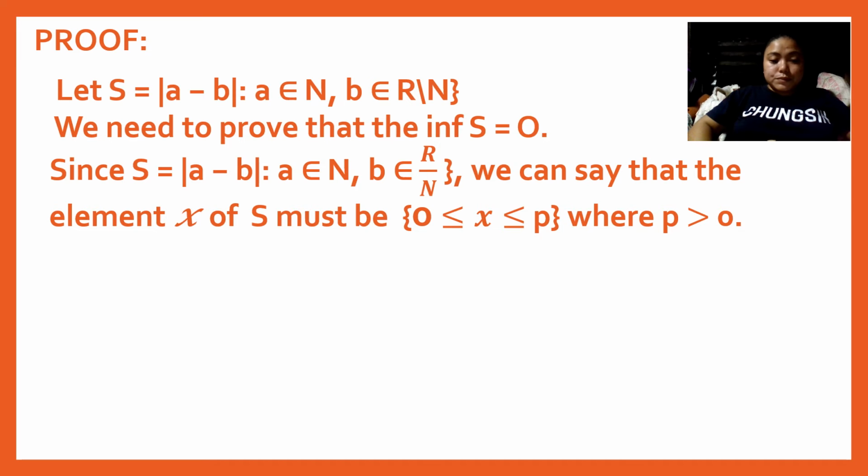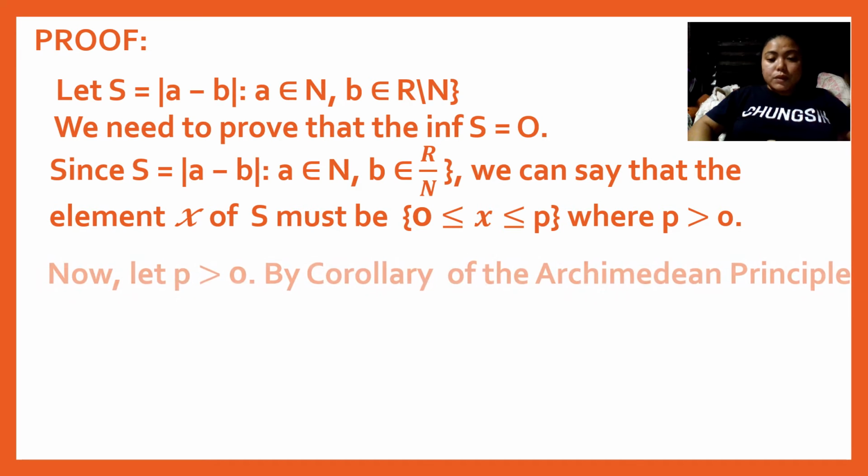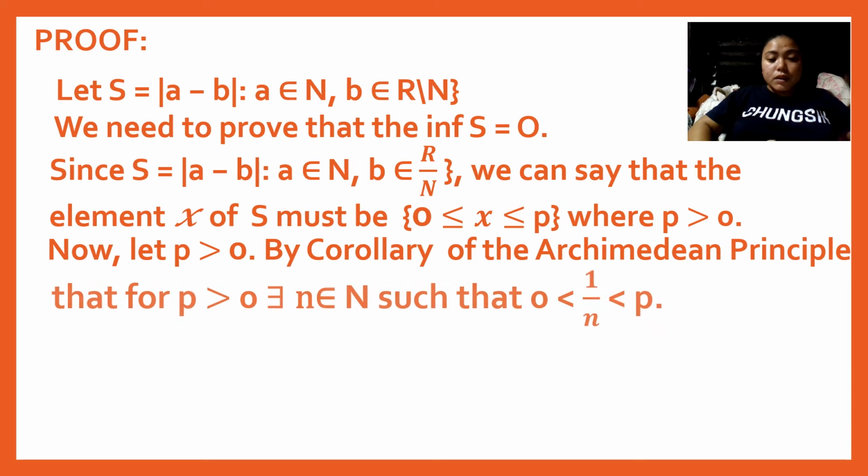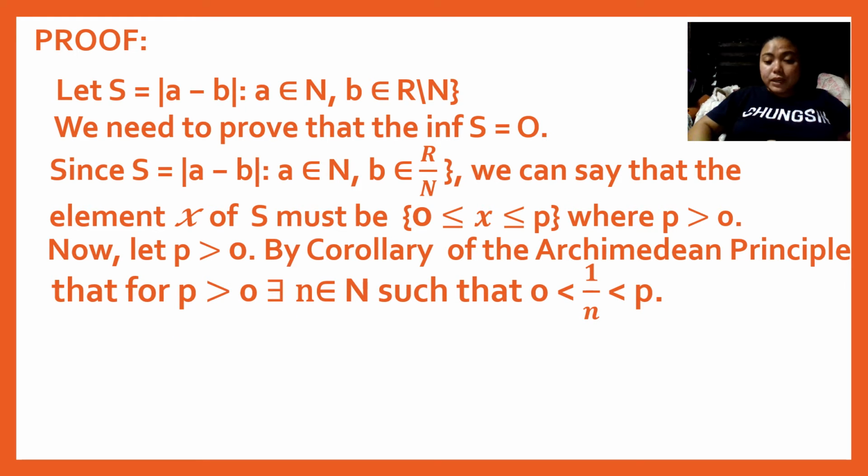Now, let p be greater than 0. By the corollary of the Archimedean principle, for p greater than 0, there exists n, which is an element of the natural numbers, such that 1 over n is greater than 0 and less than p.